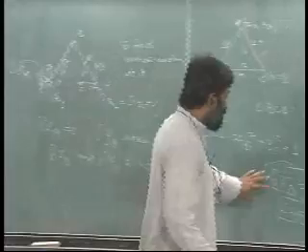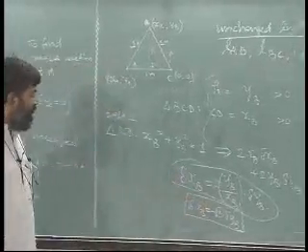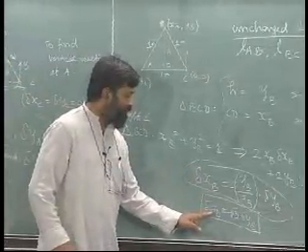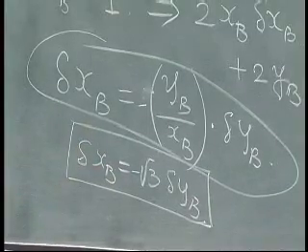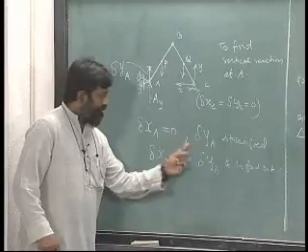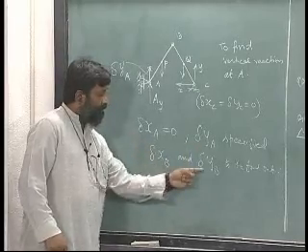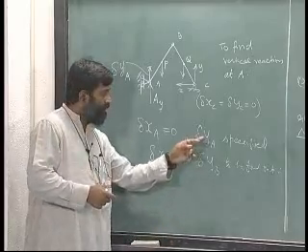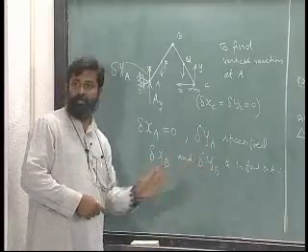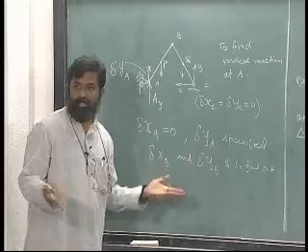Now, having found this, we have found only the relationship between xb and yb virtual displacements. We need to somehow connect this xb and yb to delta ya, which means we need one more relationship between delta ya and delta xb, delta yb. Once we get that, we are done.